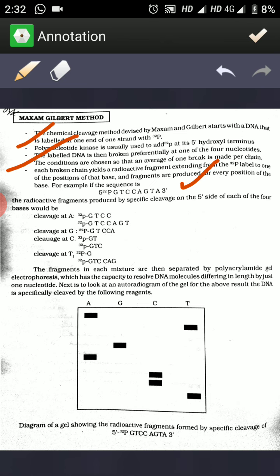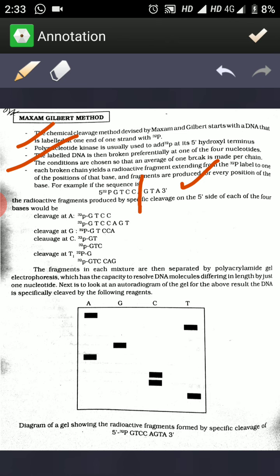If we cleave at adenine, that is here, then P32 is labeled at the start of the DNA segment, and after cleavage, a segment of P32 guanine, thymine, cytosine and cytosine will be produced, whereas another segment, GTA 3', will be produced.